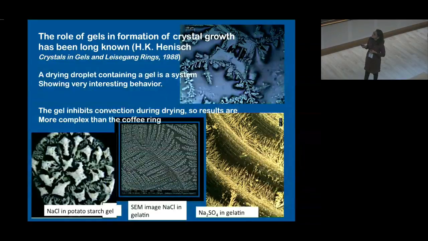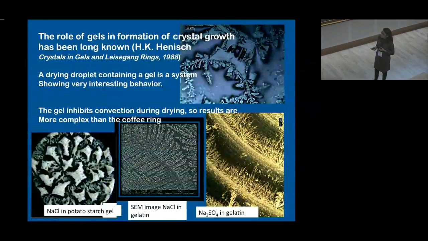This is a picture which Shujata also showed. It is NaCl, sodium chloride, when it is dissolved in aqueous gelatin. And the droplet is allowed to dry, and after it dries, you see this wonderful, beautiful looking pattern here. This, again, is sodium chloride, which was dissolved in potato starch gel and allowed to dry, and it looks quite different.